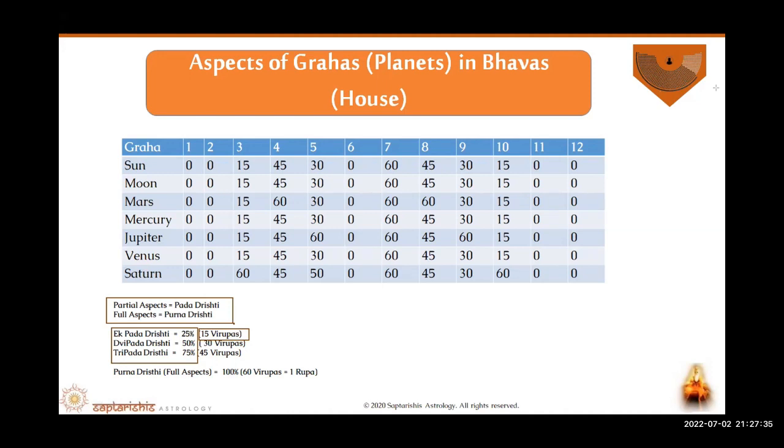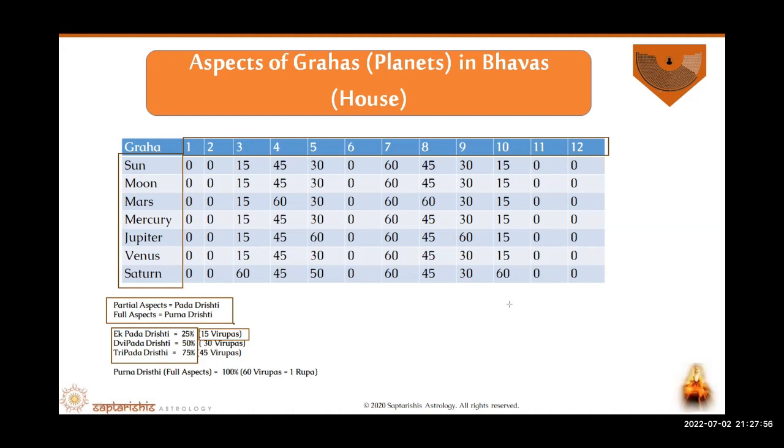Now, if you can see this table, you will see 000 number in first and second house. These are the houses, and these are the planets. Sun in first house 0, second 0, and 6, 11th and 12th 0.